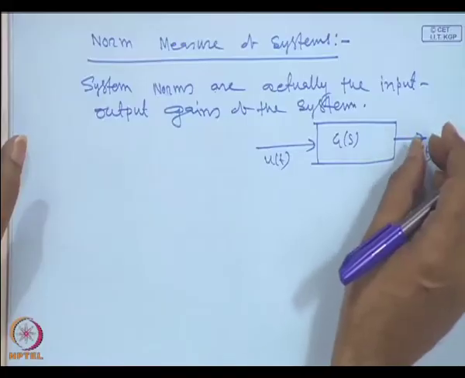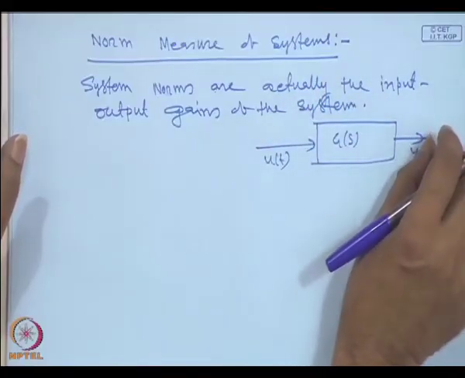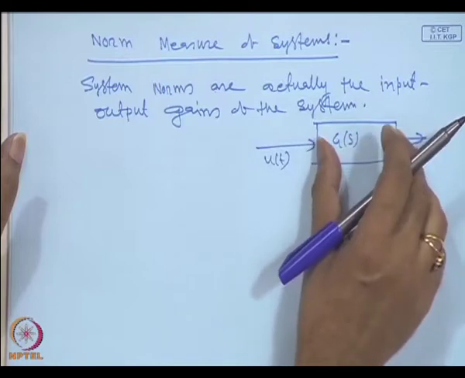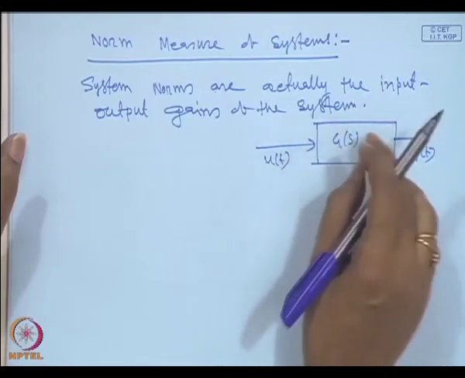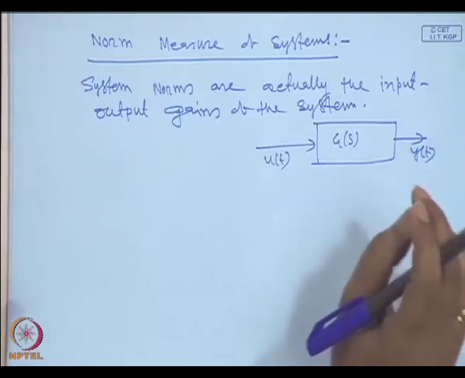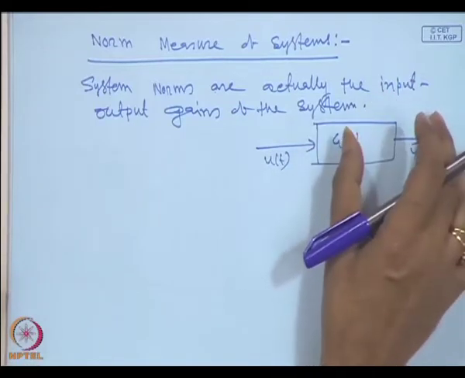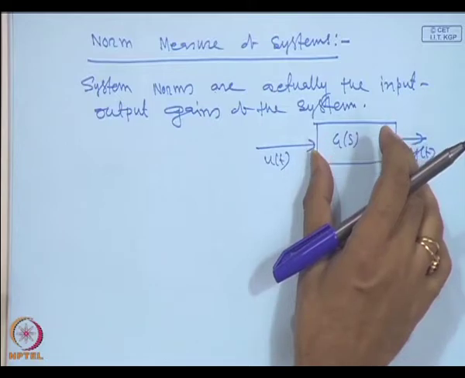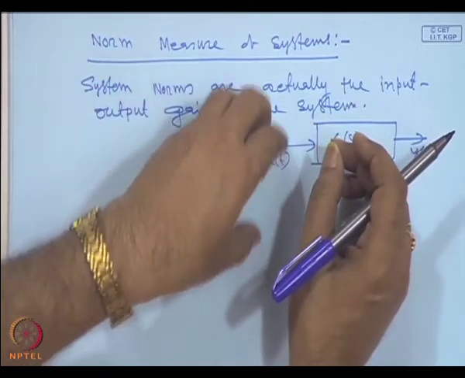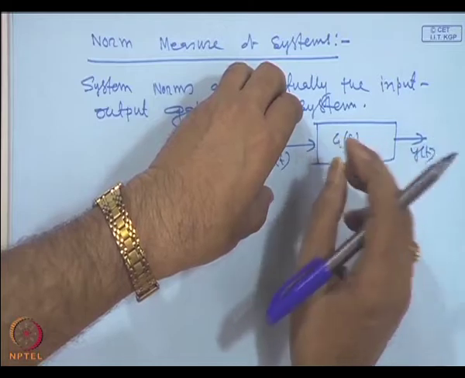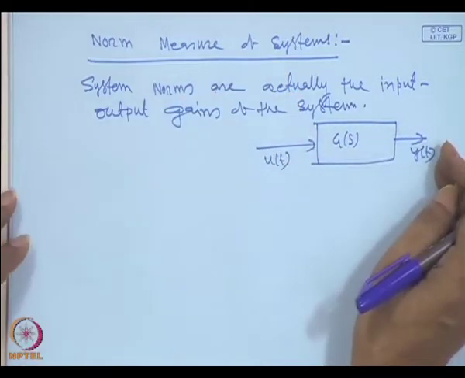The frequency of the input and output signal remains the same. So, when the system is excited with a sinusoidal input, it is mapped to another signal. In the multi input multi output case, when the system is excited with a multi input signal, that is mapped into a multi output signal.